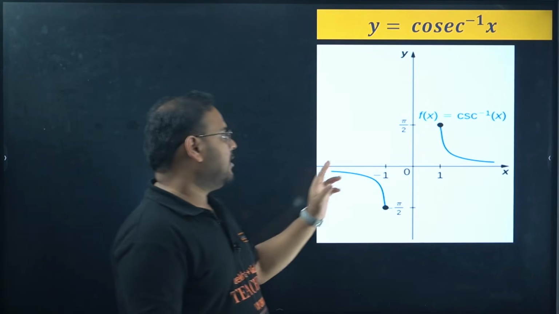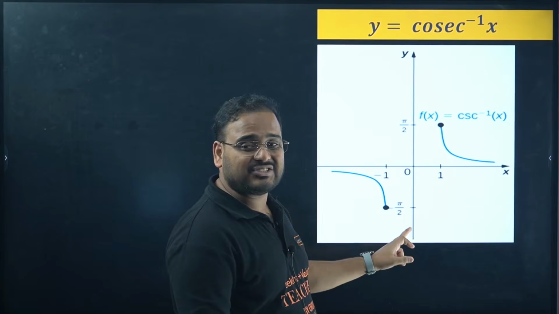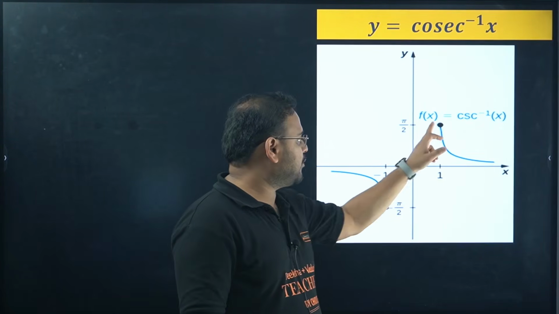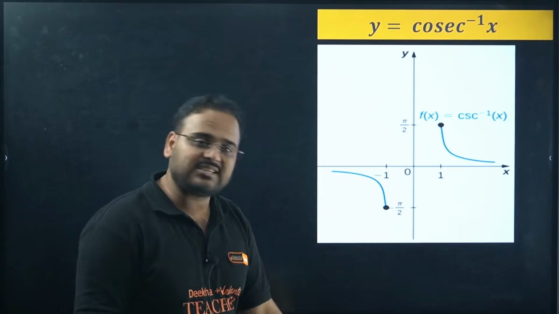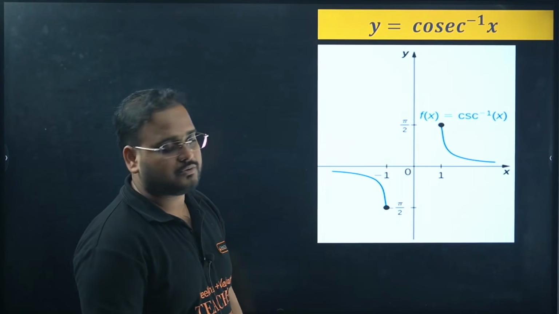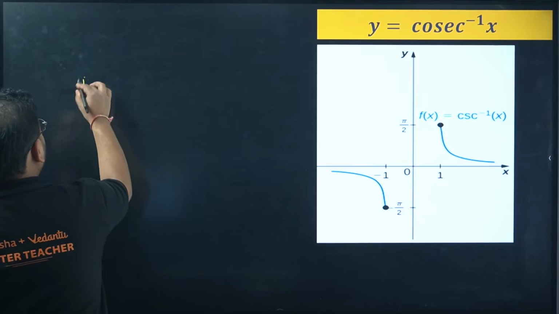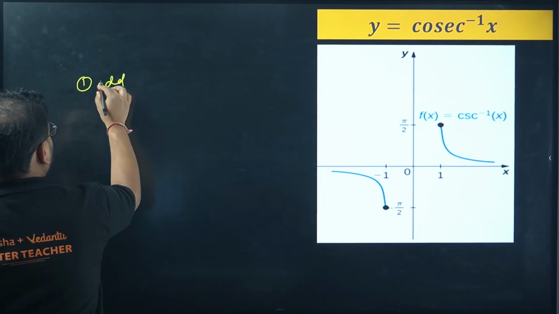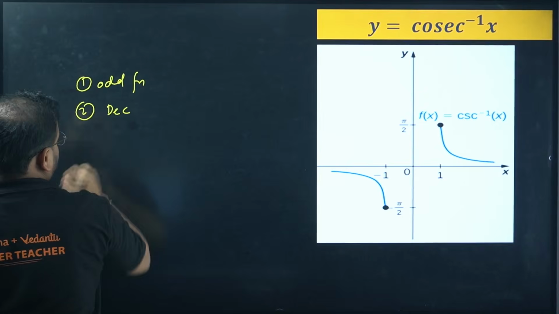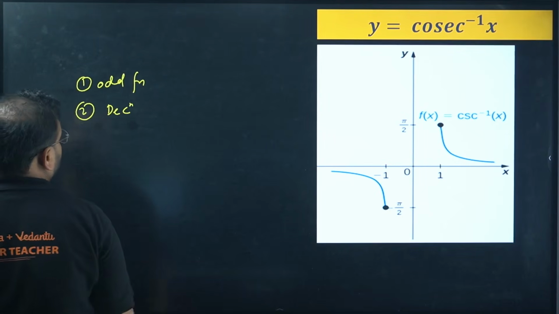Cosecant inverse, same way. Here also, this function is what? Decreasing in nature. Check here. If you go towards the right till this point, decreasing. Here also decreasing. So cosecant inverse is decreasing in nature. And this is an odd function. Odd function, decreasing in nature.